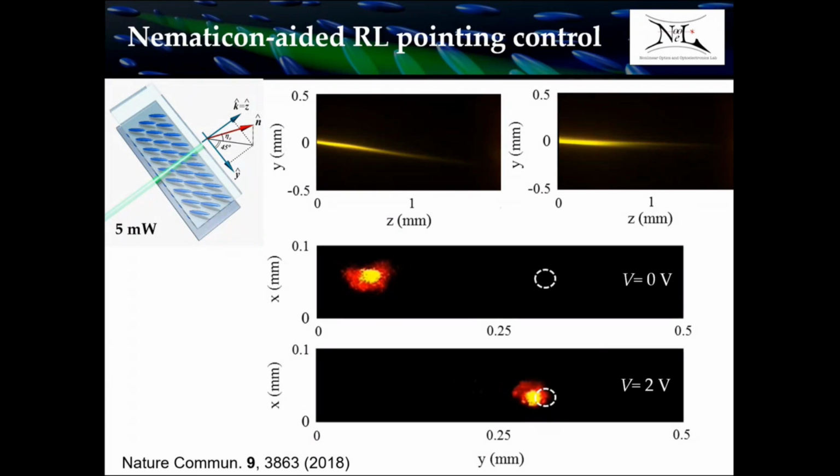You see at the bottom left the random laser guided by the nematicon propagating at 7 degrees in my uniaxial. Applying a voltage, I can switch from this situation to the situation on the right, in which the walk-off is much reduced because I'm reorienting the molecules.